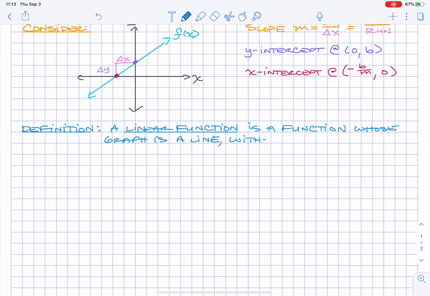So this is going to be important, with well-defined slope. We'll come back to what that means in a moment.